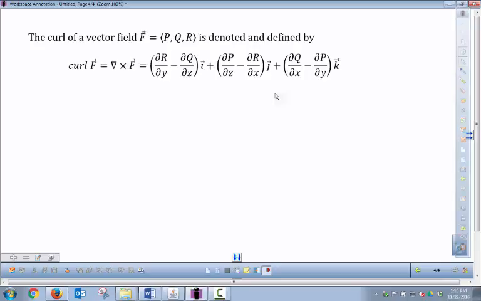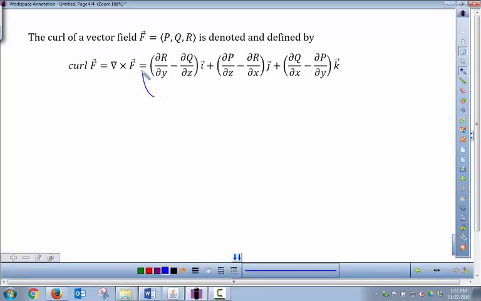But here is the definition of the curl. Now, trying to memorize this definition is not ideal because you got a bunch of partials all over the place. But a good way to remember this is the determinant. It's a cross product, right? What are you crossing?